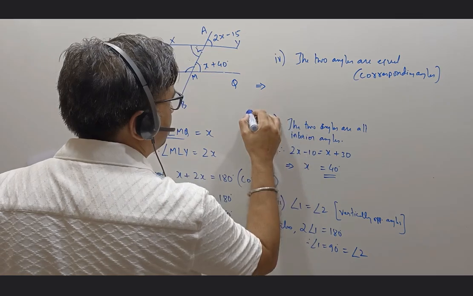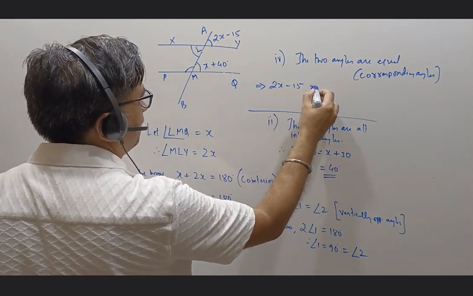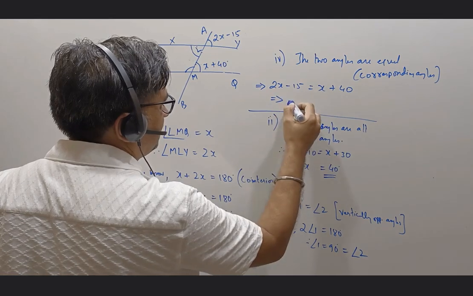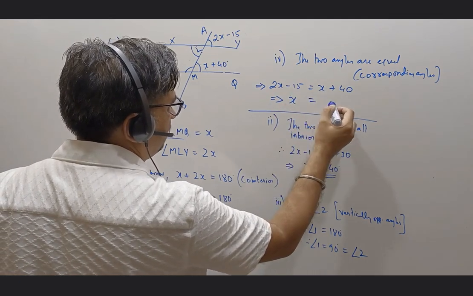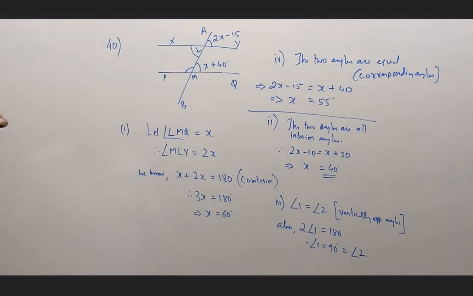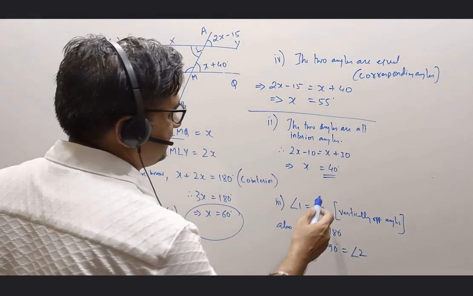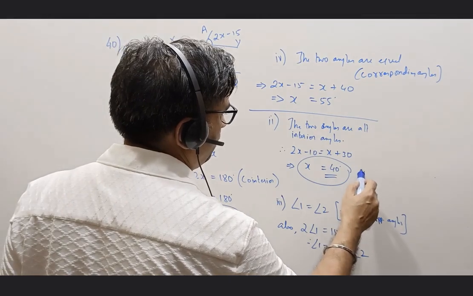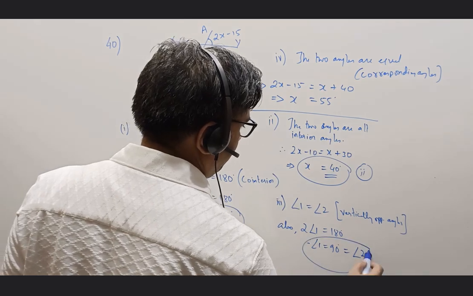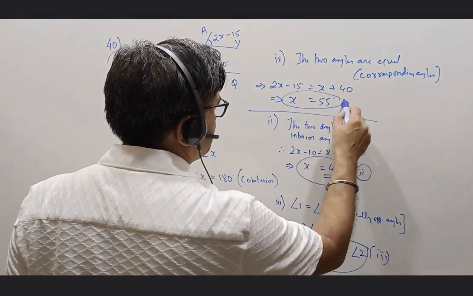That gets us 2x minus 15 is equal to x plus 40. Let's transpose x. So this gets us x. 15 on the other side makes it 55 degrees. So we have the 4 answers. 1, this is 2, this is 3, and this is 4.